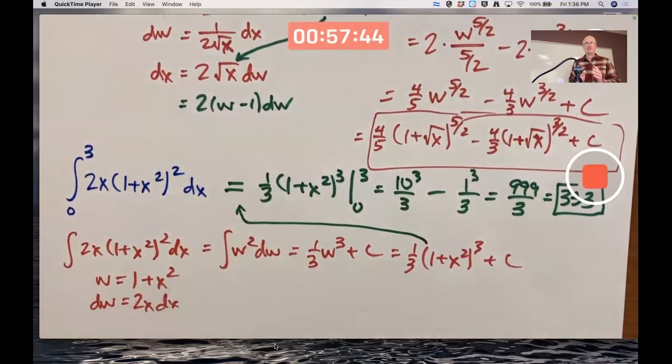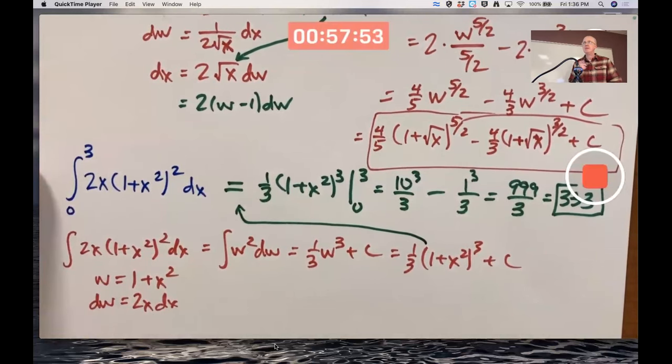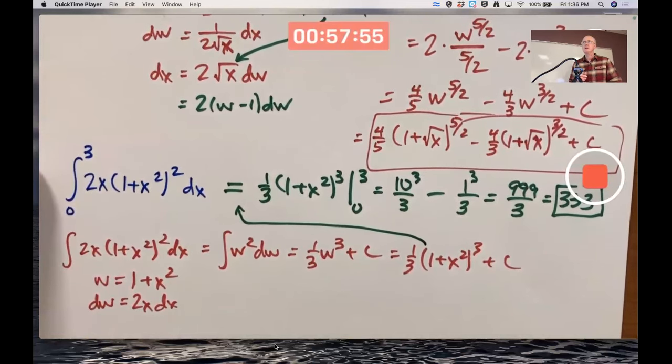You should not. If you change to a new variable when doing definite integrals, you need to change the limits of integration if you're going to keep that new variable, and if you're going to get the right answer with that new variable. It's a little weird, but it is the way to do it.